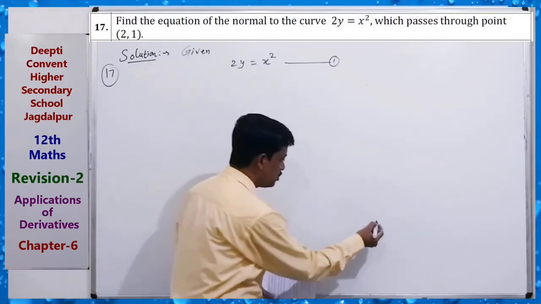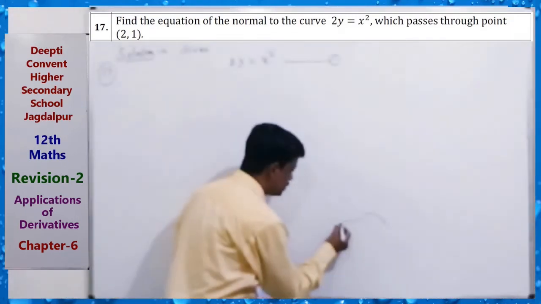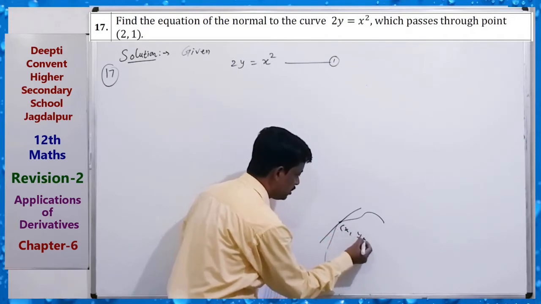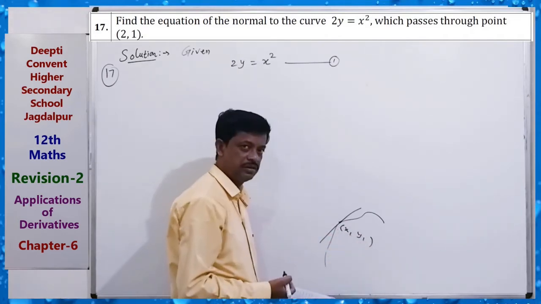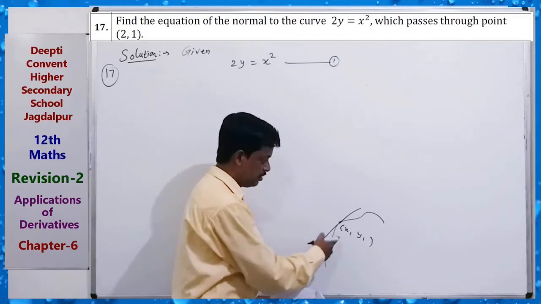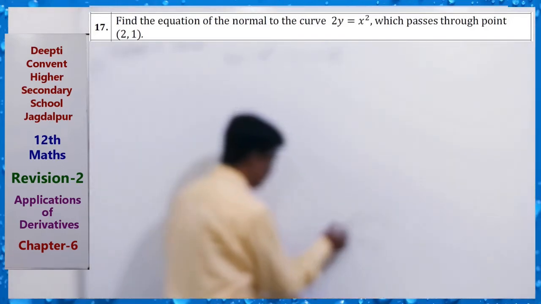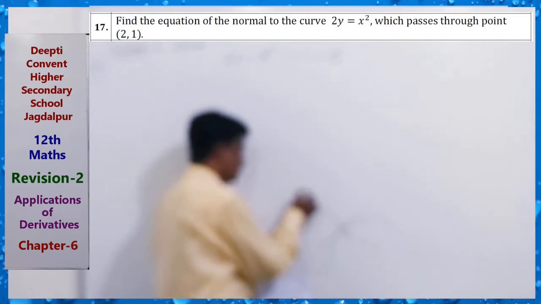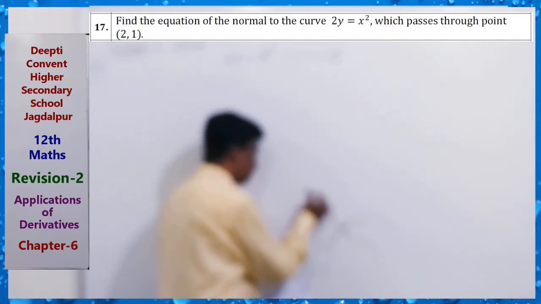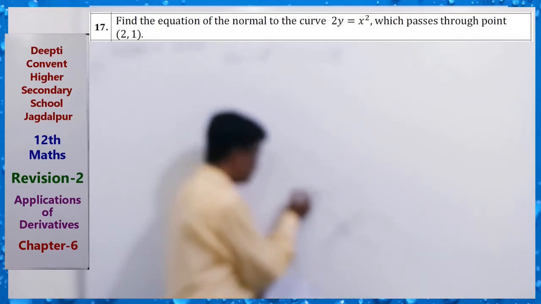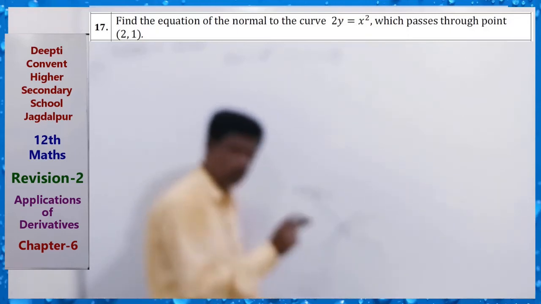Suppose this is the curve, this is the point of contact, and this will be the tangent. Suppose the point of contact is x1, y1. Clear? And the normal will be this line, passing through the point 2, 1.